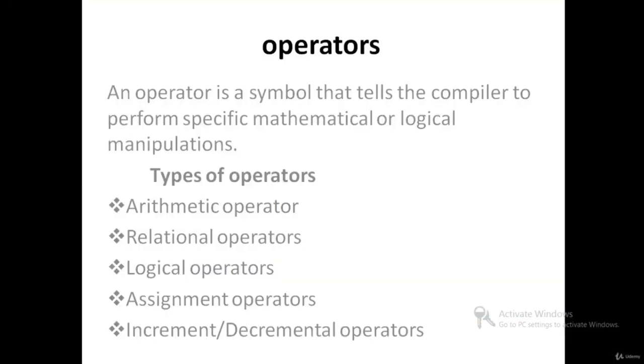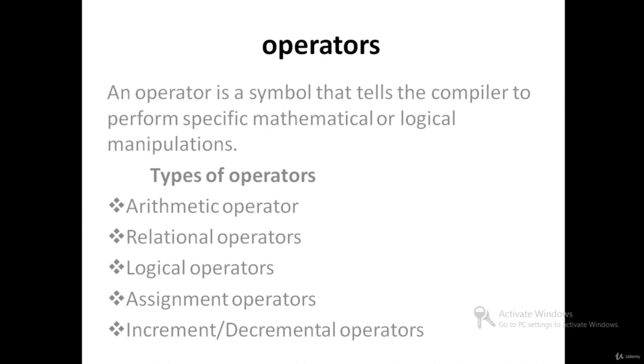Okay, now let's go to the relational operators. These operators are used to compare two variables or values. These are mainly binary operators. And then the result of relational operators is either true or false.